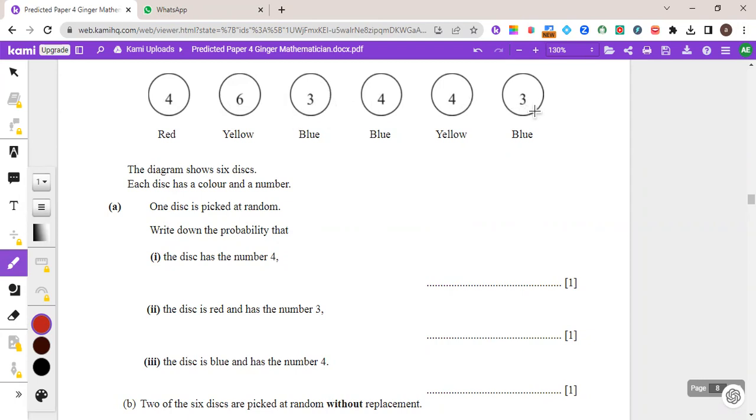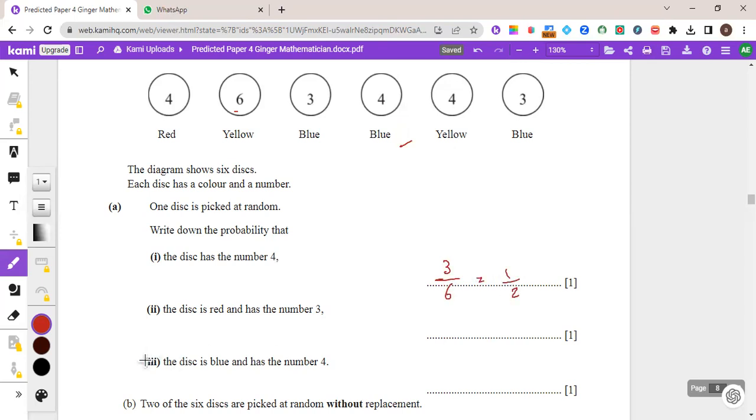How many 4s? 3. How many 6s? Only 1. How many yellow? 2, and so on. So now we need 3 over 6, because 3 discs have number 4. Ignore the color, he doesn't mention any colors. So it is 3 out of 6, half.